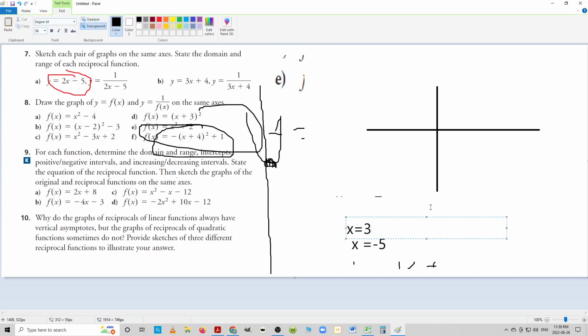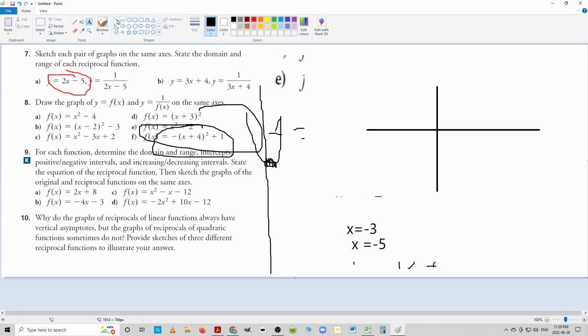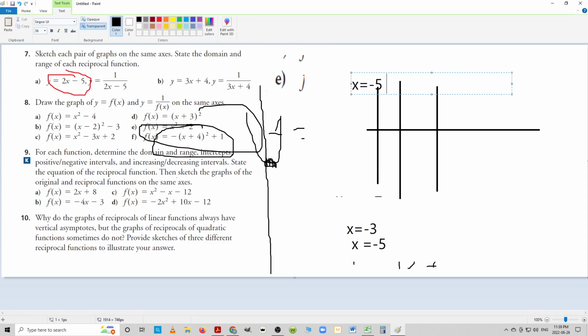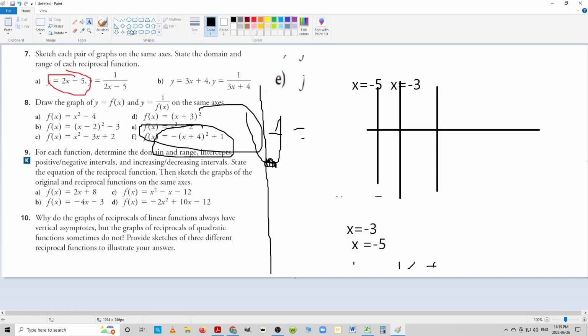That means that's going to be the x-intercepts, but it's also going to be my asymptotes. So you're going to have two asymptotes here. The first one at x is equal to -5, and the next one at x is equal to -3. And because this is a downward facing parabola that looks like this, there we go.